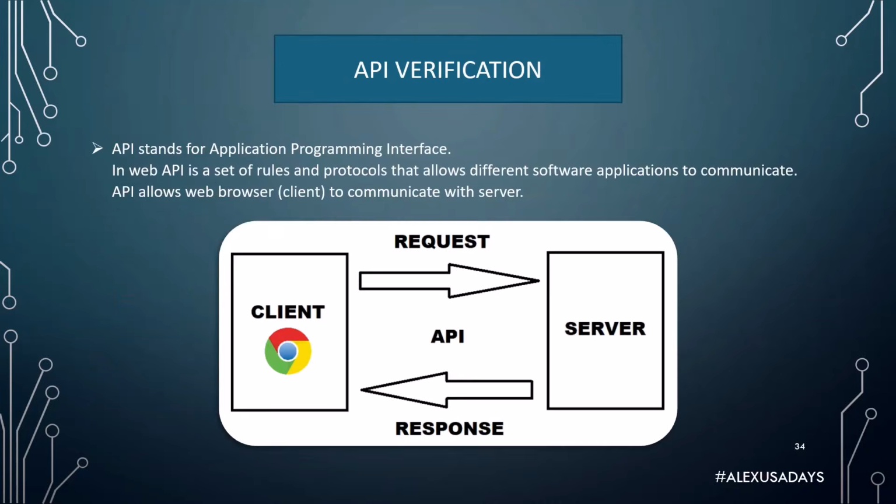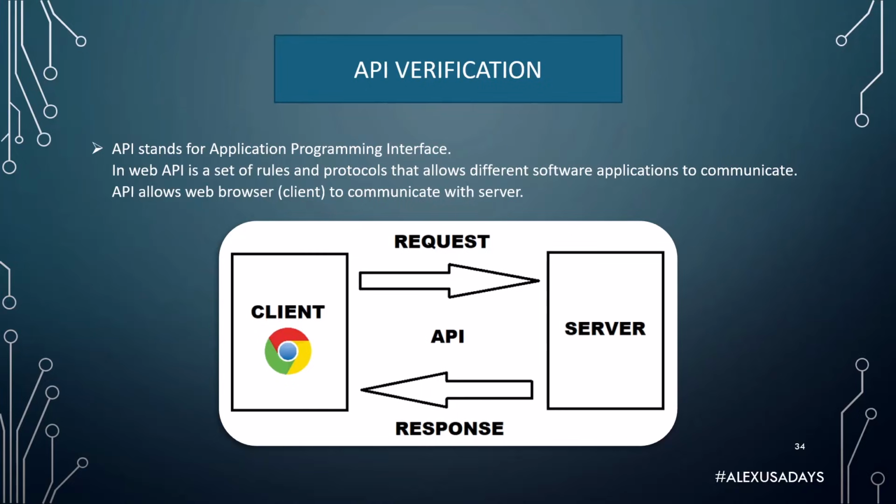Now, API verification. API stands for Application Programming Interface. In web, API is a set of rules and protocols that allow different software applications to communicate. API allows web browsers, a client, to communicate with the server. So for example, you have a browser or you're on a machine or on your phone and you're trying to open a web page.